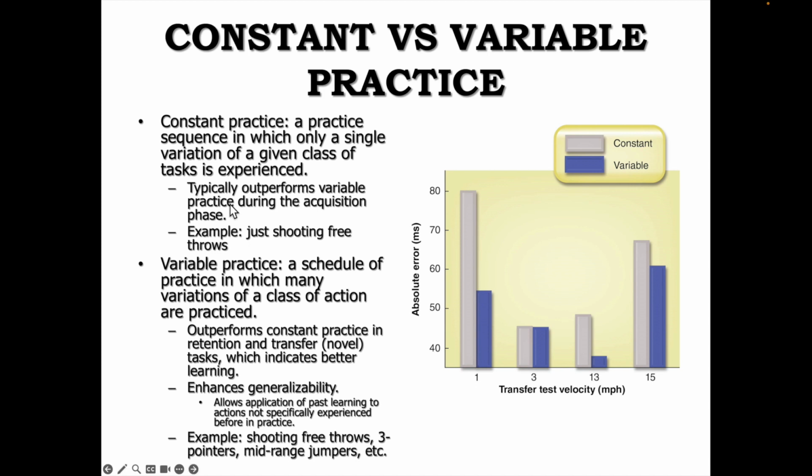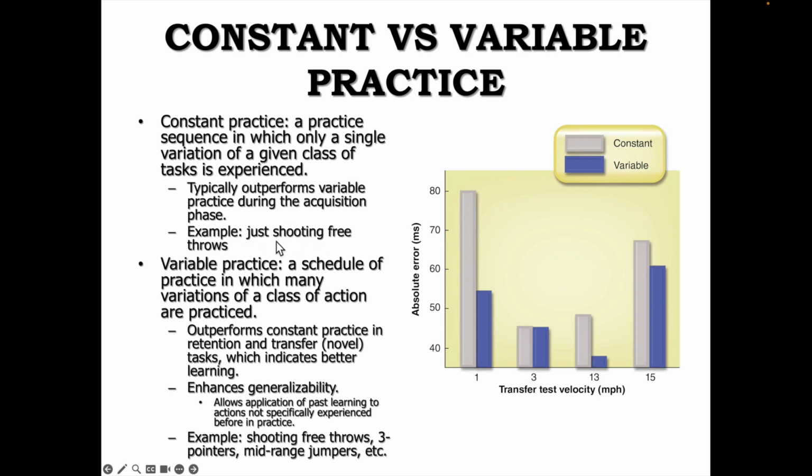Constant practice is going to typically outperform variable practice during the acquisition phase, so basically going from being a beginner to maybe an intermediate. As you first start learning a task, it's better to do constant practice than variable practice.